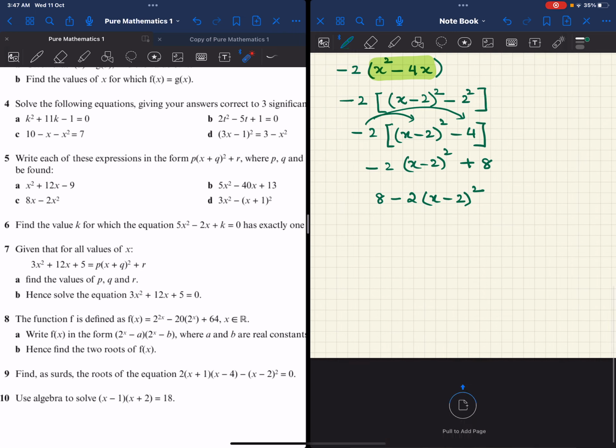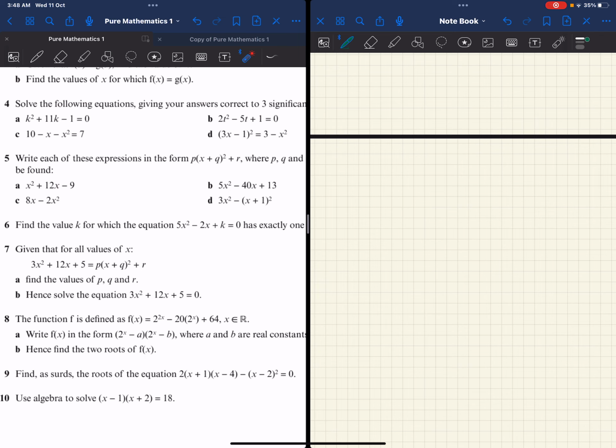That answers C. Moving on to question D. We have 3x² − (x + 1)². Now this bracket (x + 1)² can be expanded using the identity (a + b)², which expands to give a² + 2ab + b².